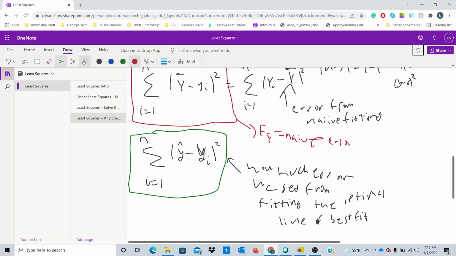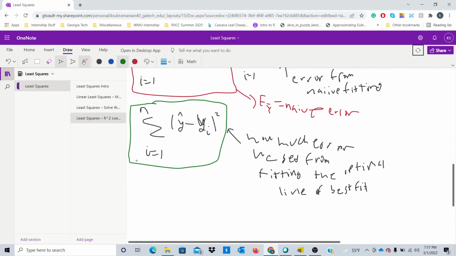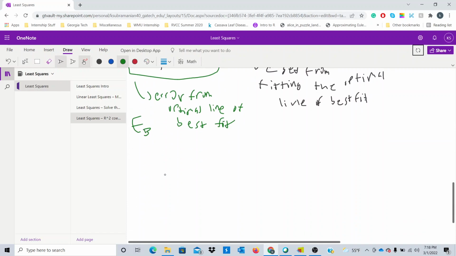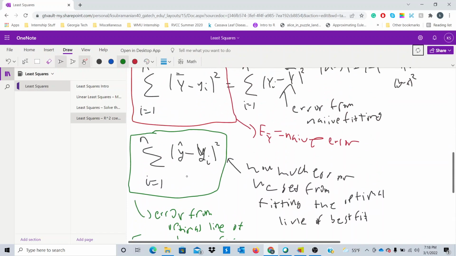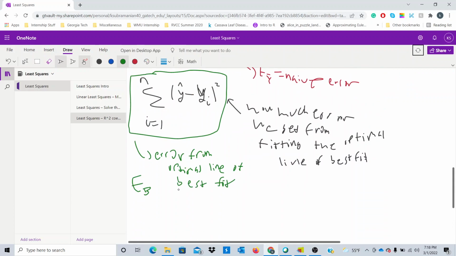And let's let the green box be the error from the optimal line of best fit. I'm going to call this variable E sub B, B for better.